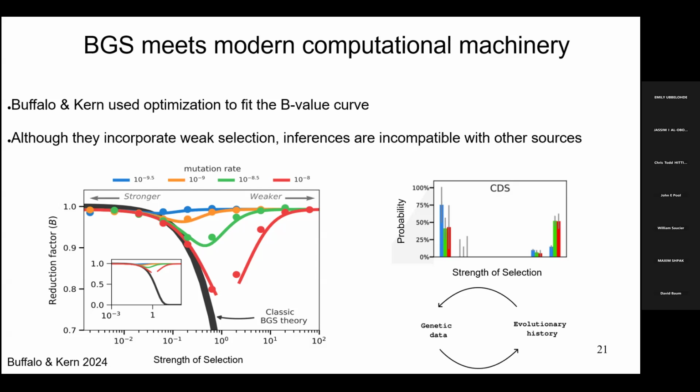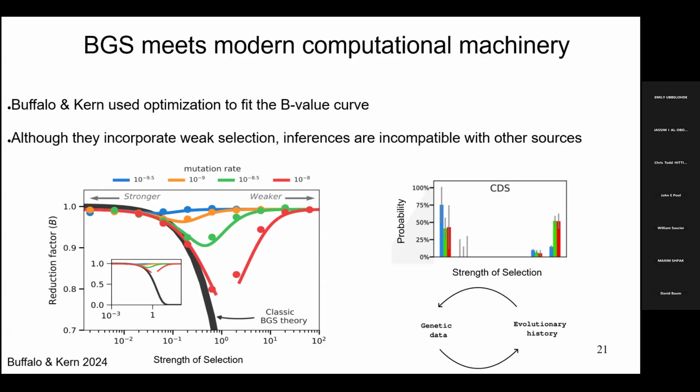So here we see classic BGS theory as this black solid line, and it works for strong selection because it makes that assumption. But after some point here, after the strength of selection becomes weak enough, classic BGS theory is not going to predict well at all. But this new model can make predictions for weaker selection coefficients, but it has this discontinuity problem here around Ns of -1.